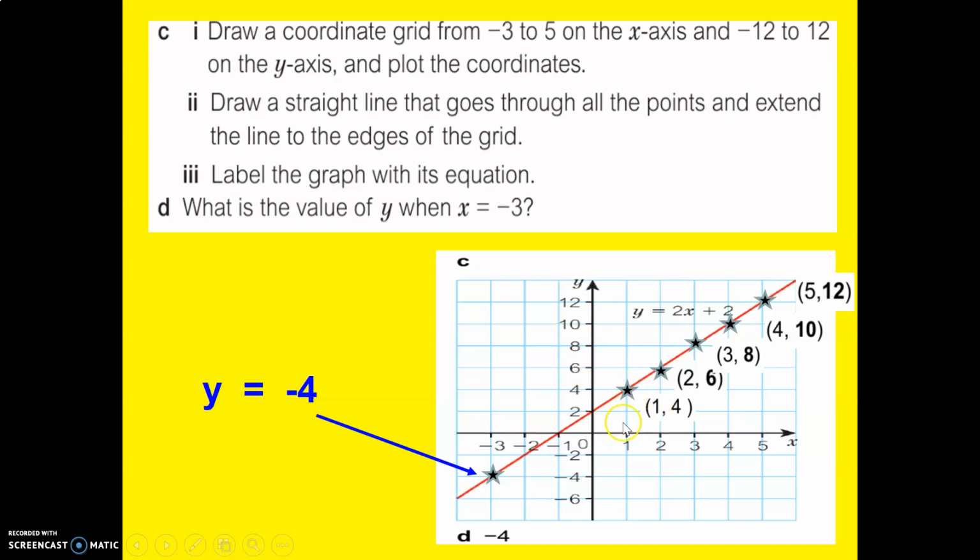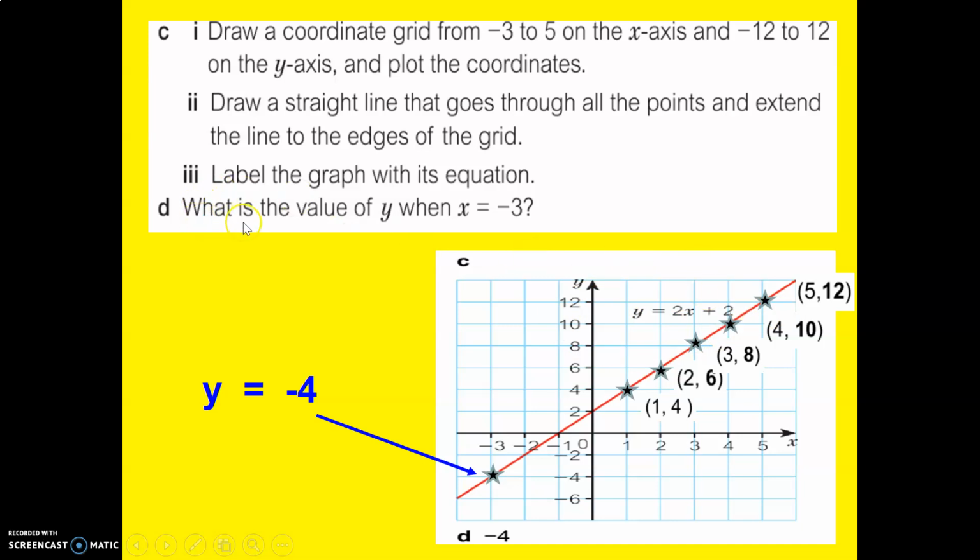So we have here 1, 4, 2, 6, 3, 8, 4, 10, 5, 12. And draw a straight line that goes through all the points and extend the line to the edges of the grid. And label with its equation y equals 2x plus 2.